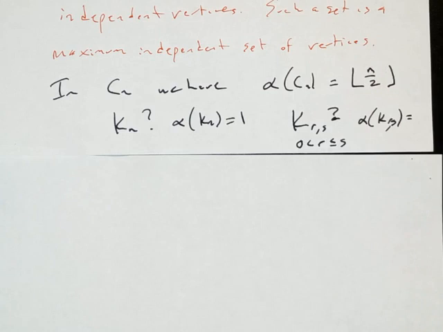Vertex-wise, whatever vertices are in that set of size S, right? Because none of them are adjacent to each other. They're all adjacent to the stuff on the other side.